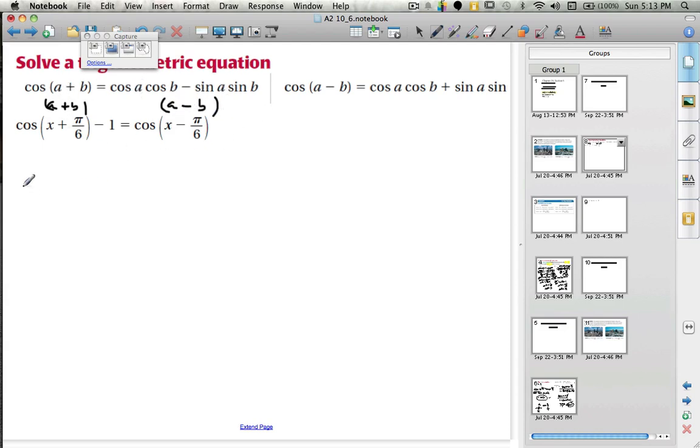So for a plus b, I'm going to have the cosine of x times cosine of pi over 6 minus the sine of x times the sine of pi over 6.